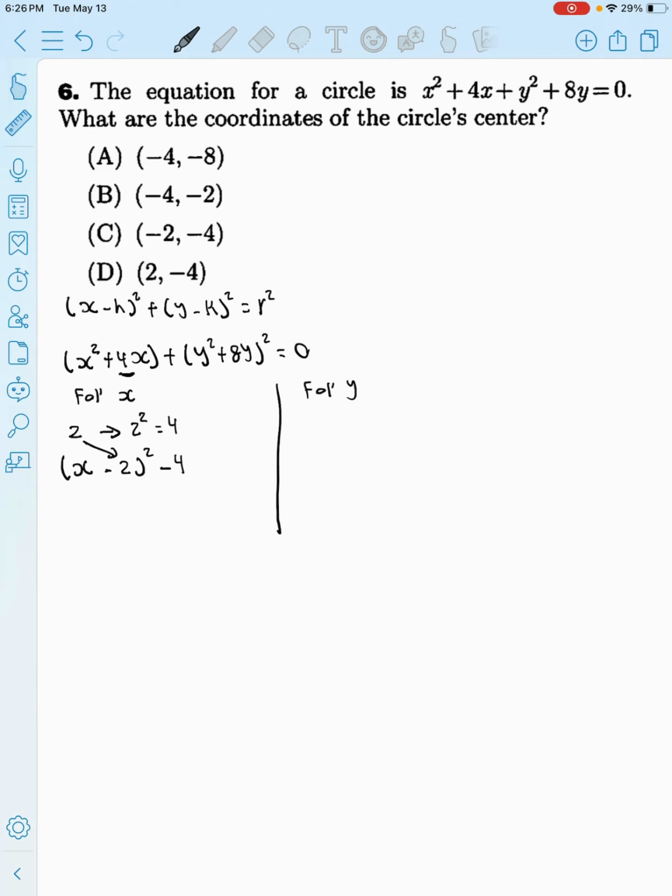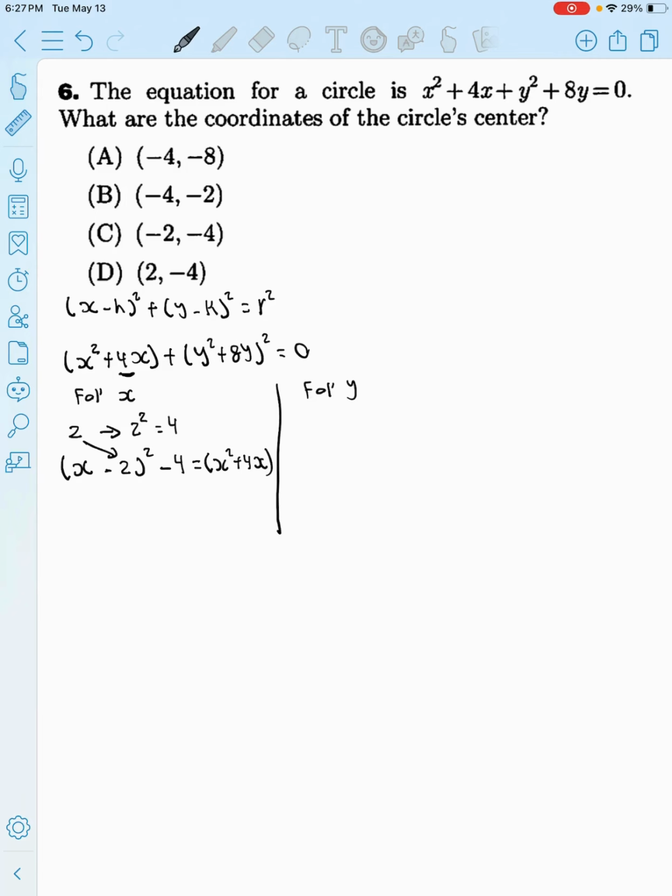Okay, if this one is positive 4, here is going to be minus. If you did the calculation after that, you're going to find this is equal to x squared plus 4x. It's exactly the same thing.